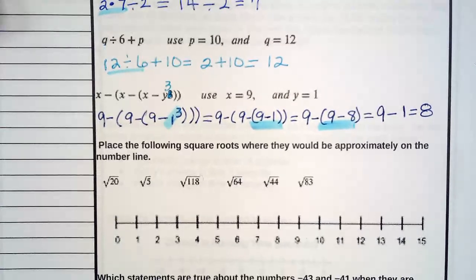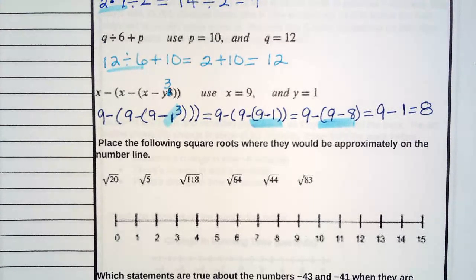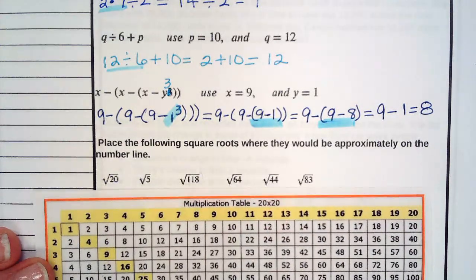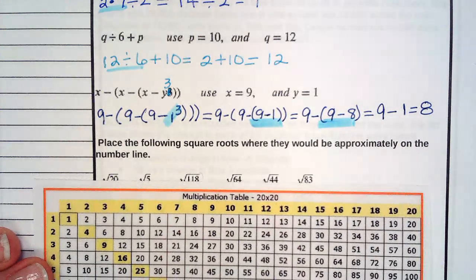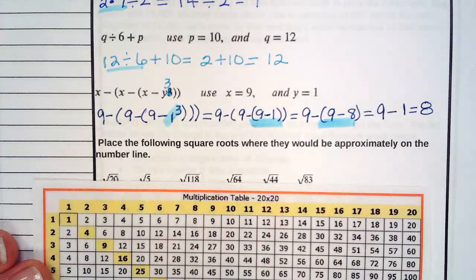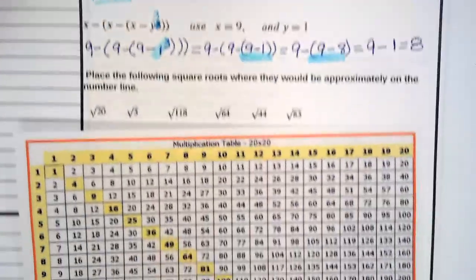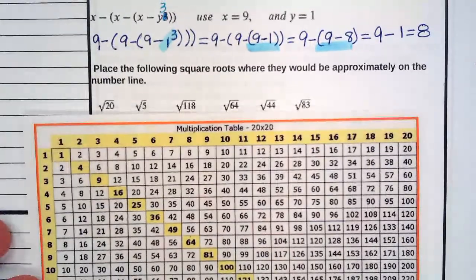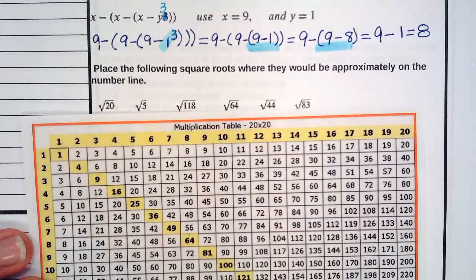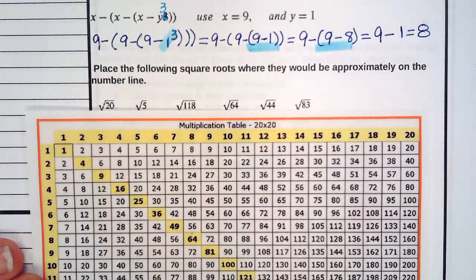We're looking at square roots. Remember, your square root is what number times itself will give you the number that's underneath the square root sign. So we've been looking at this, and I've handed out the multiplication tables, and the diagonal shows you all the square roots, or all these perfect squares, up to 400.